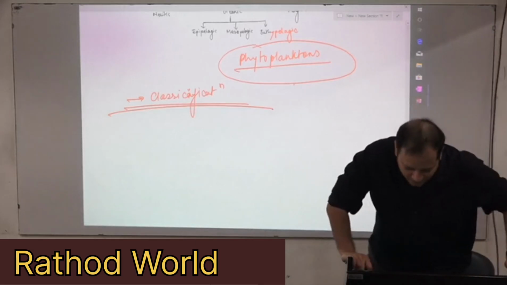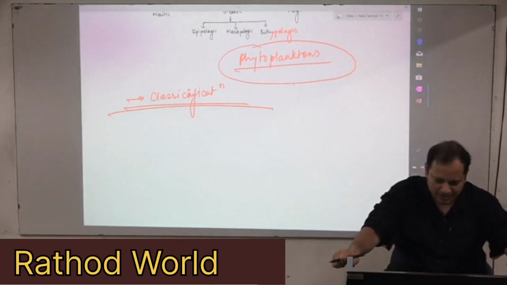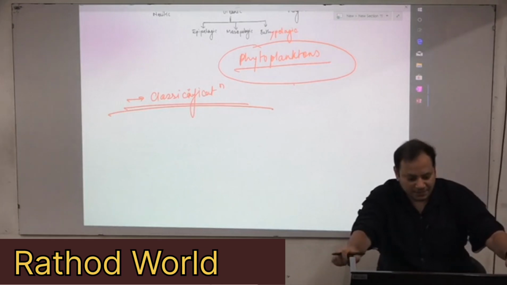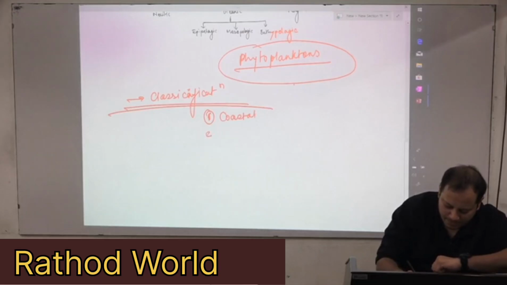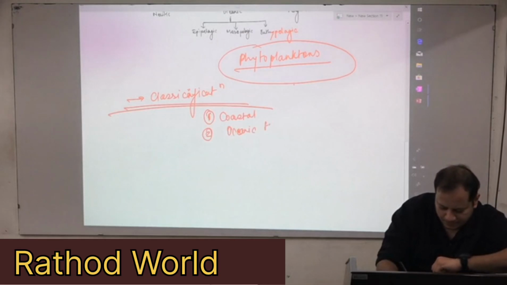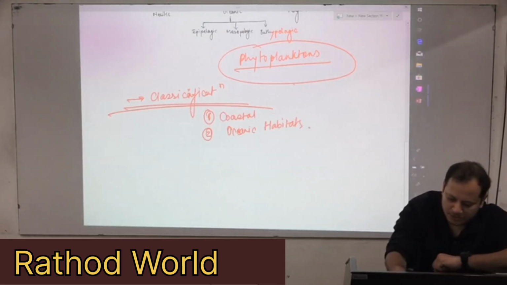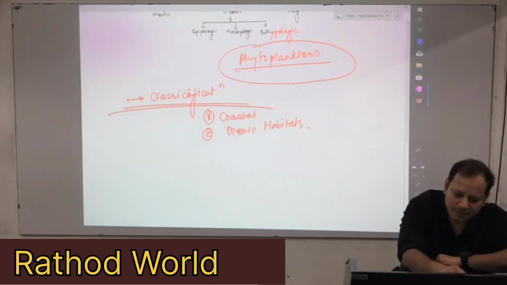Classification of ocean habitats are into coastal and oceanic habitats.